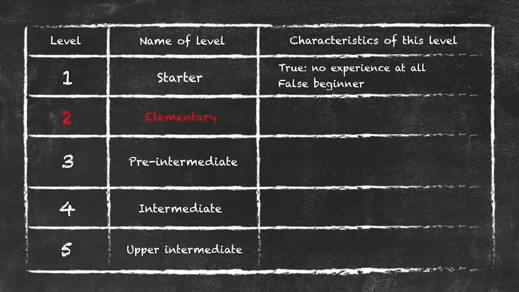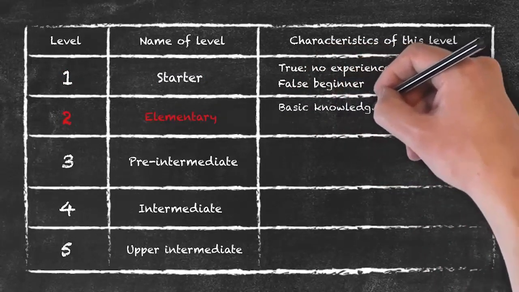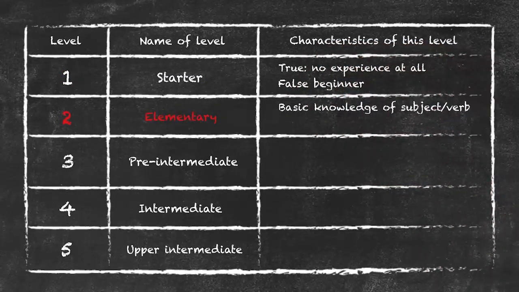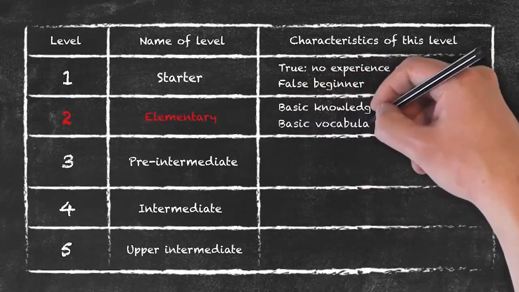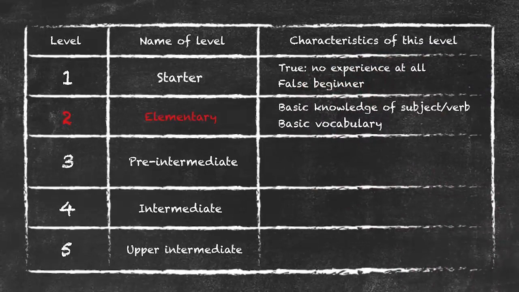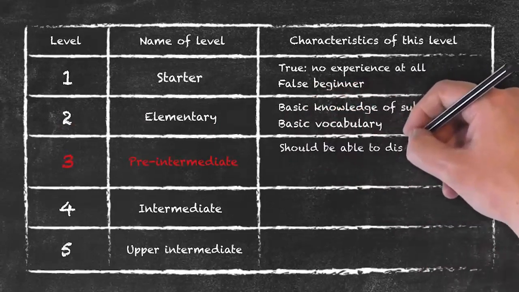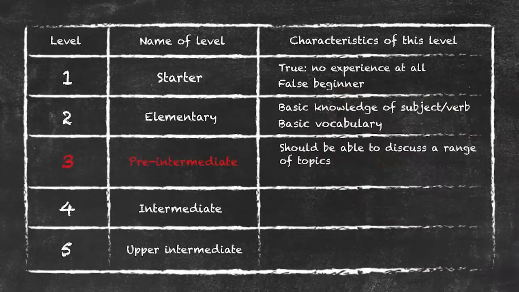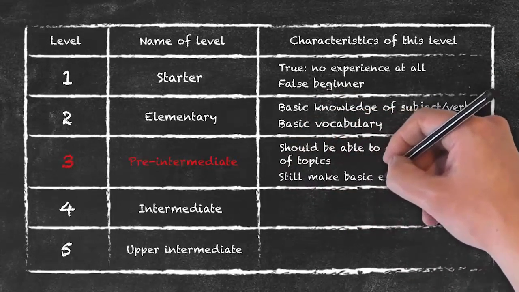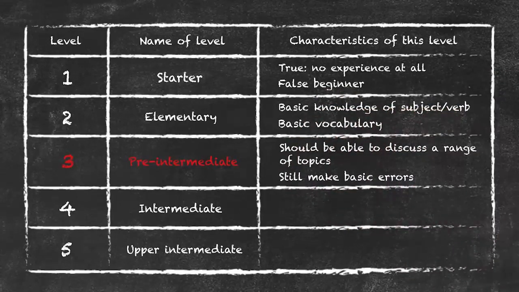The next level up is the elementary, where they will have a basic knowledge of things like subjects and verbs, and a fairly limited vocabulary that will allow them to talk about a limited range of subjects. Moving on to the next level, the pre-intermediate, they should be able to discuss a number of topics, but within those discussions they will still make some basic errors in both language and vocabulary.